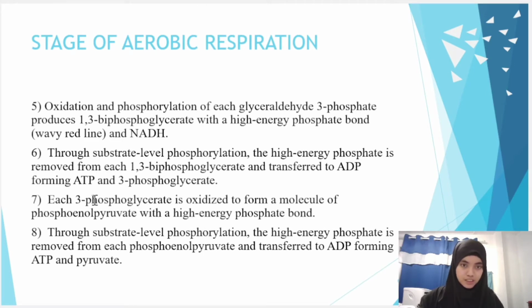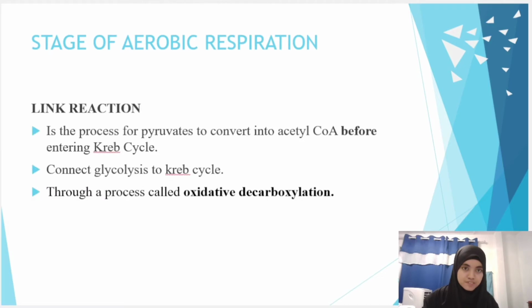Each 3-phosphoglycerate is oxidized to form a molecule of phosphoenolpyruvate with a high energy phosphate bond. Through substrate level phosphorylation, the high energy phosphate is removed from each phosphoenolpyruvate and transferred to ADP, forming ATP and pyruvate. So that is glycolysis.